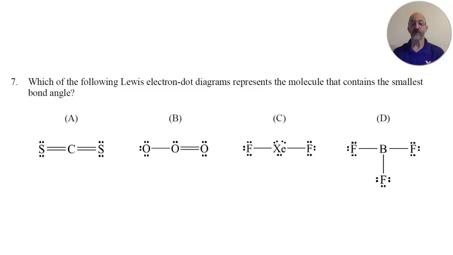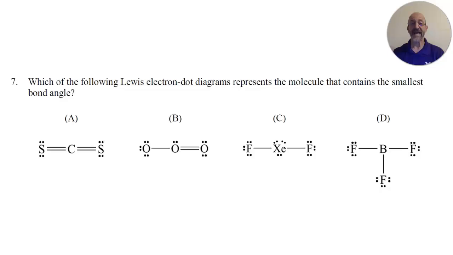And that is, if you are given a Lewis electron dot diagram on the AP Chemistry exam, do not assume that the appearance of the atoms in the Lewis diagram represents the actual molecular geometry of that substance. So, for example, just because all of the atoms appear to be arranged in a straight line in the Lewis diagram, that doesn't necessarily mean that the molecule will have a linear shape.